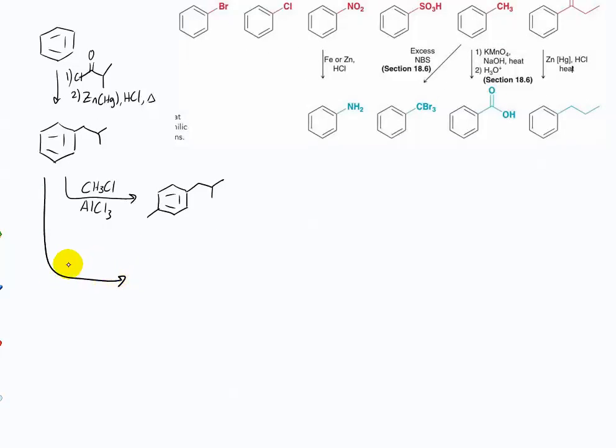So if we put a sulfonic acid, or a sulfonate group, on here, now we've used that para preference to actually block the para position and help direct to the ortho position through the meta-directing of the sulfonic acid.